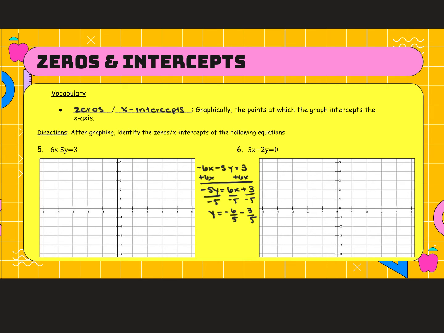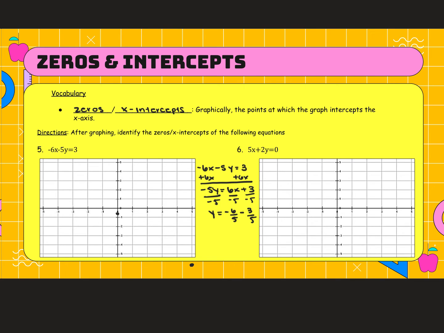So we're going to go on the y-axis, make that closer to -1. Not exactly perfect. All right, so now we have to go down 6. Again, it's going to go off the graph, so I do apologize about that. It's going to be about here.